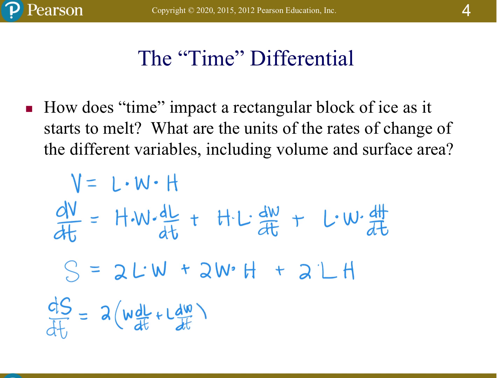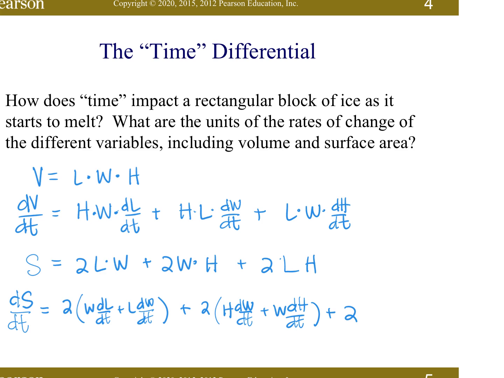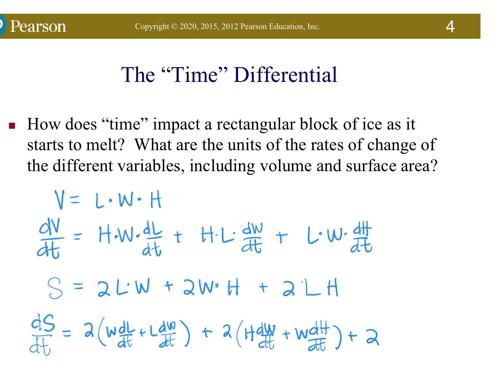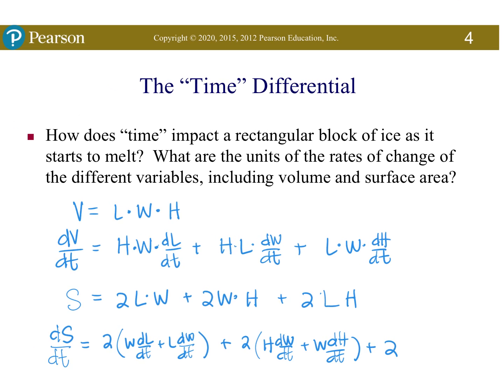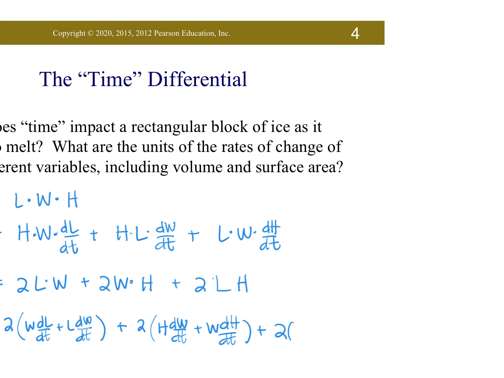That's the first product rule. And then 2 times in the next product rule, I'll have H dW/dt plus W dH/dt. And then the last product rule would be H dL/dt and L dH/dt.